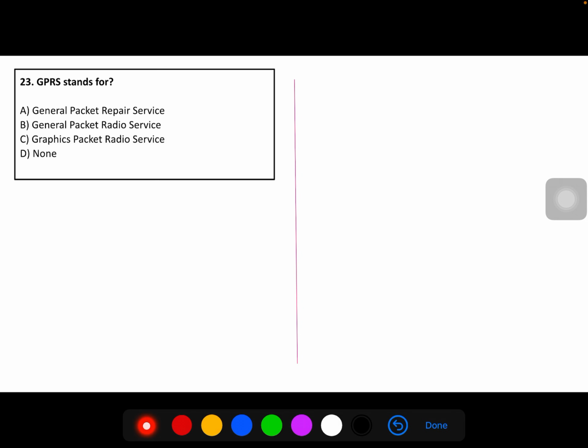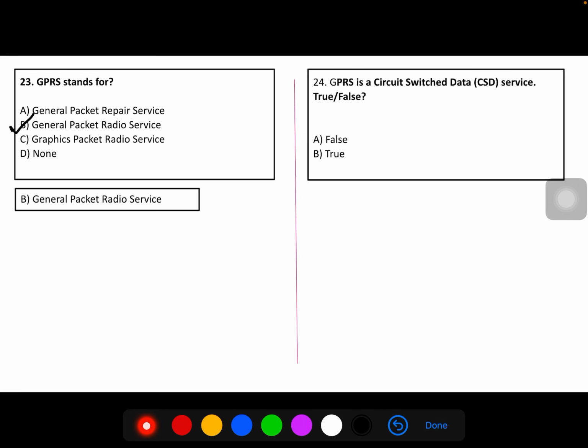Next question. GPRS stands for General Packet Radio Service, and the correct option is B. Next question. GPRS is a circuit switched data service. No, absolutely not. The way to remember is that the voice communication that was carried out in 1G and 2G was circuit switched, and all the web browsing, that means the data part, was part of the packet switched network.